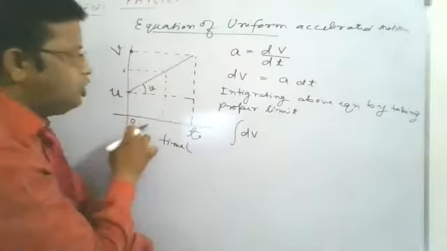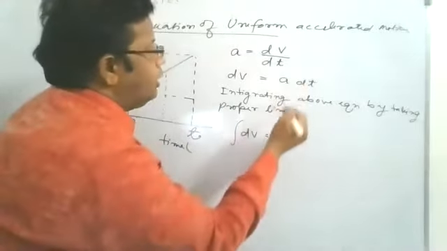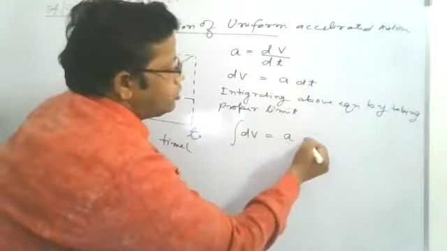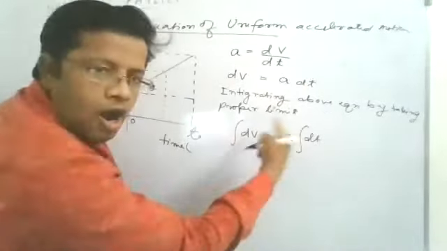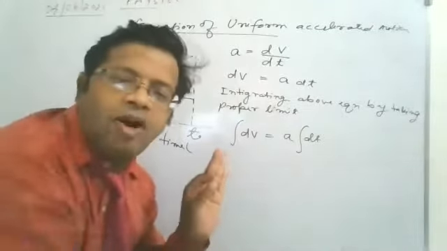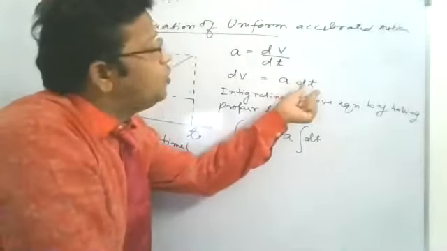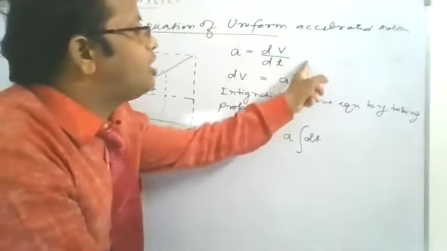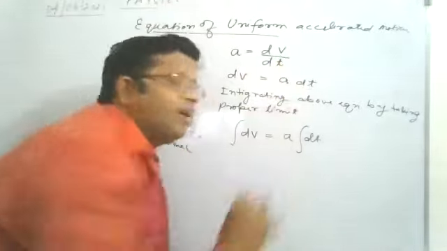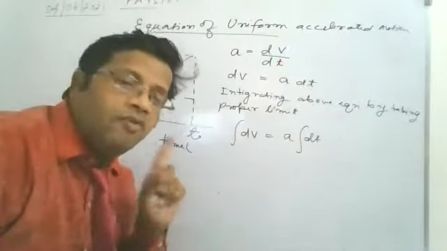So at time 0, see here, a is constant. During integration, we keep the constant term outside. A is constant, uniform, constant. So we keep the constant outside. We will integrate only the variable term.